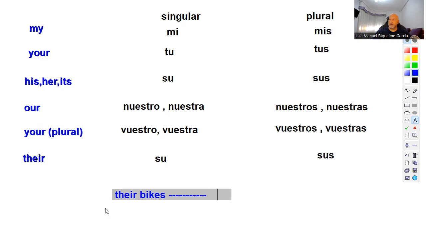So, well, the word for bike is bicicleta, although it can be shortened to bici, but it's a feminine word. So how would you say their bikes? Sus bicis. Their bikes. It's plural. That's why I'm using sus, not su.